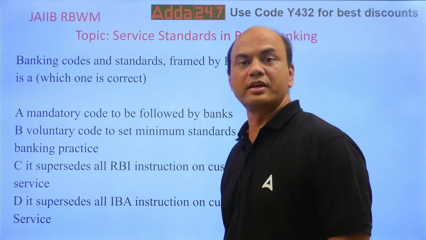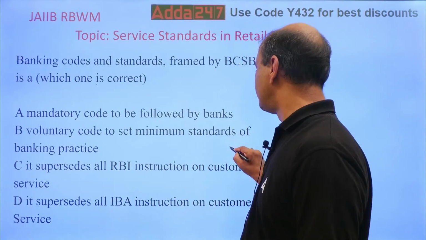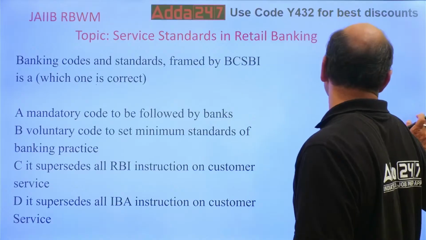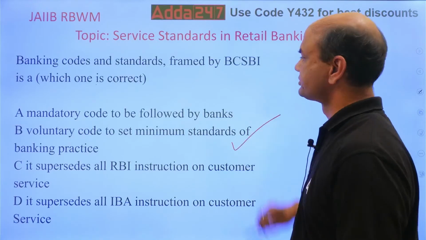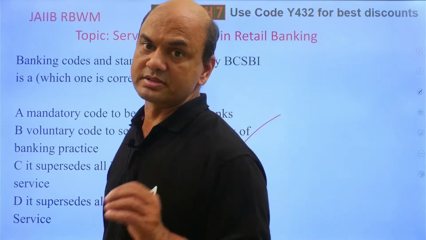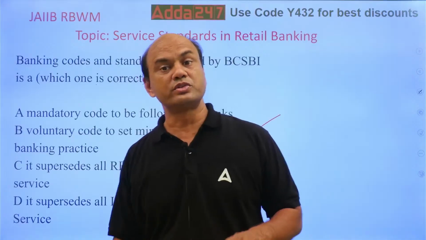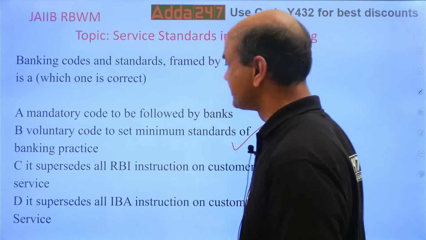So the answer over here is: BCSBI is a voluntary code, minimum standards. What is the minimum level of expectation which the customer has and which you should provide to the customer? That's it, isn't it?